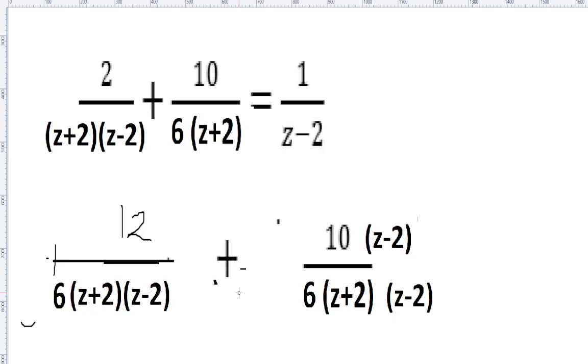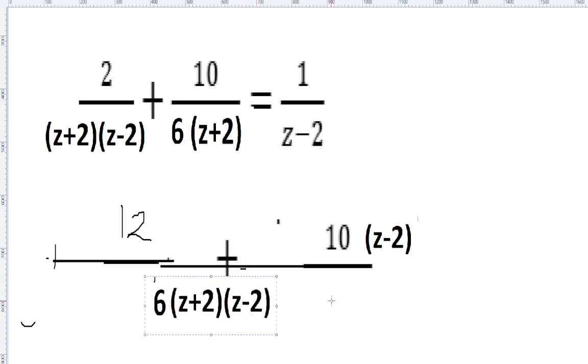Notice that I now have the same denominator, which means I can just make one big long bracket, and just use one of the denominators that I created. Notice that I can now expand here as well. 10 times Z, 10 times that, I get 10Z minus 20. Look at that.